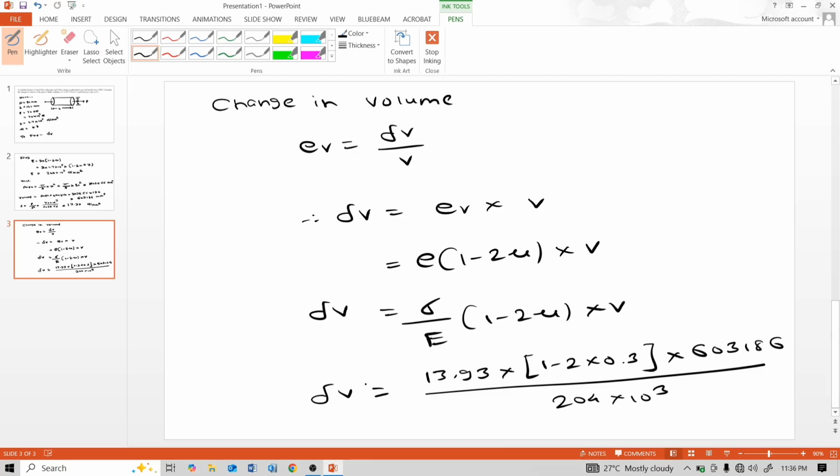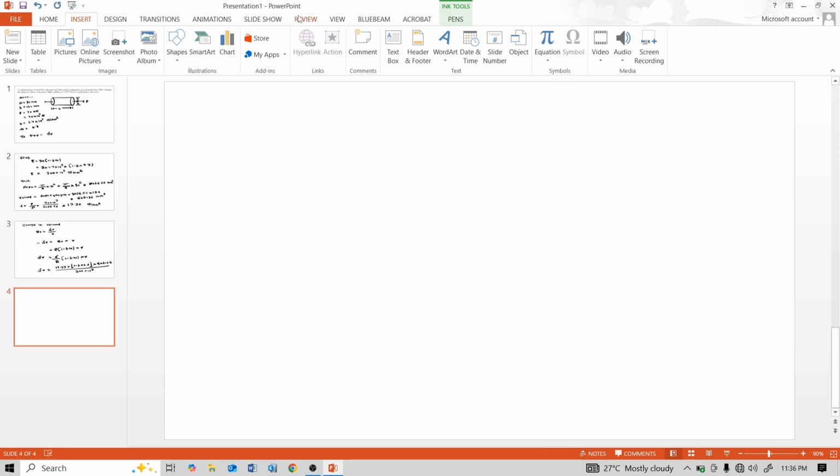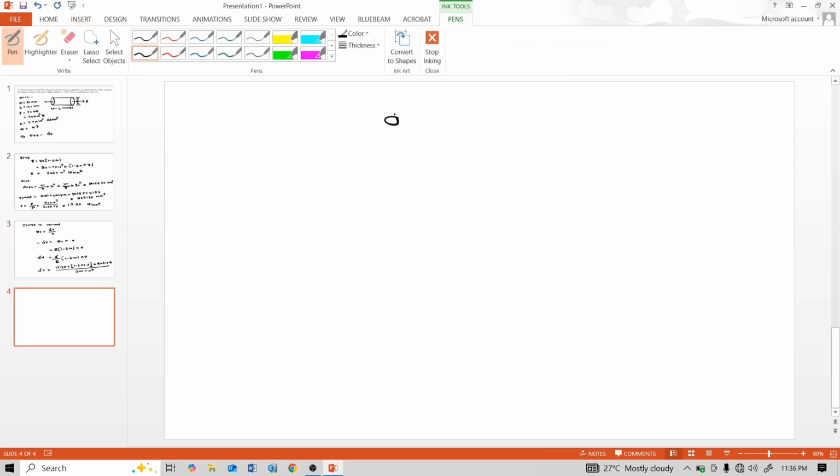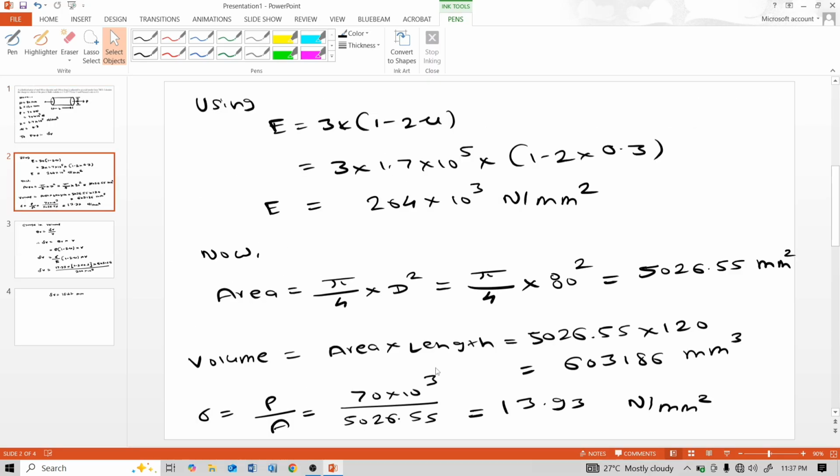That is 13.93 divided by 204 into 10 raised to 3, multiplied by 1 minus 0.6, multiplied by 603186, which is 16.47 mm cube. Change in volume is 16.47 mm cube.